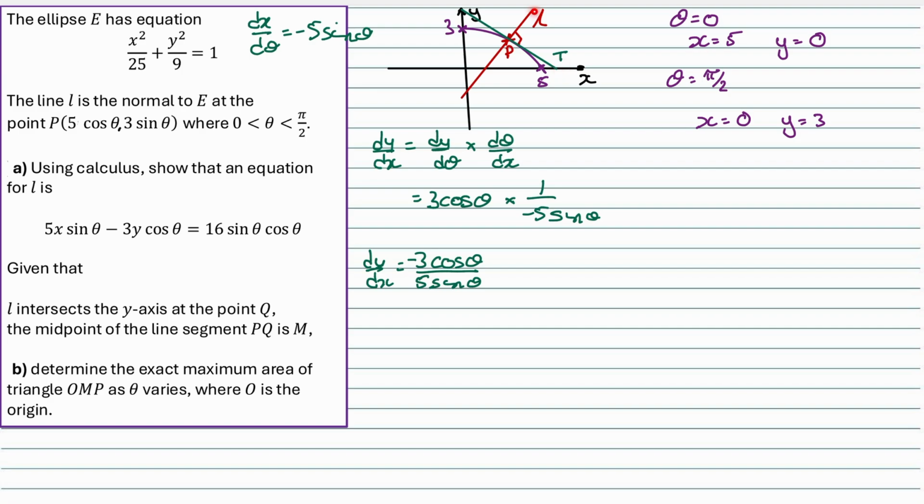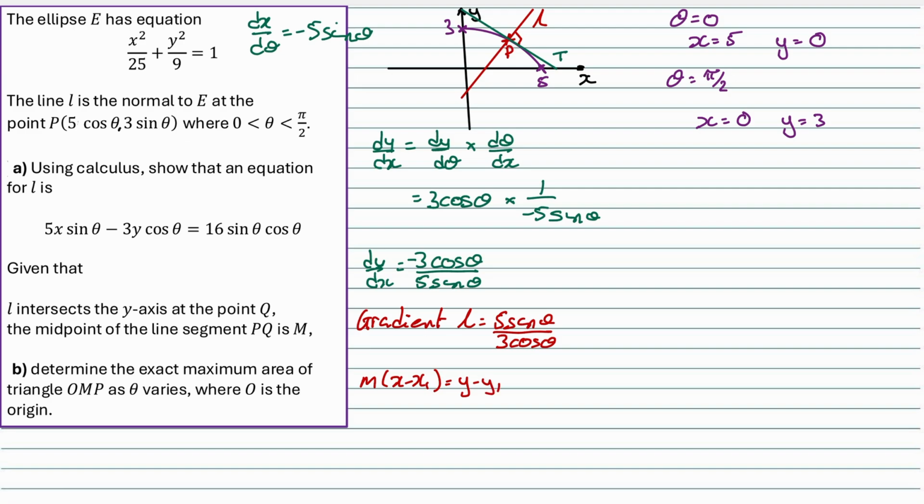What we want is the gradient of a normal, line L. So the gradient of L will be the negative reciprocal of this. So we'll have 5 sine theta over positive 3 cos theta. Now we've got this gradient, we also know it passes through this general point at P. So the equation of a straight line, m multiplied by x minus x1, will equal y minus y1.